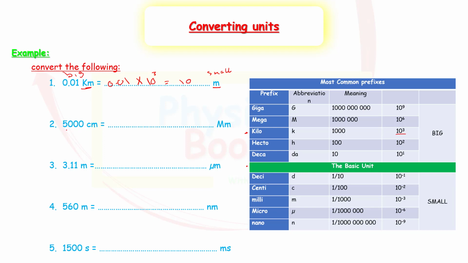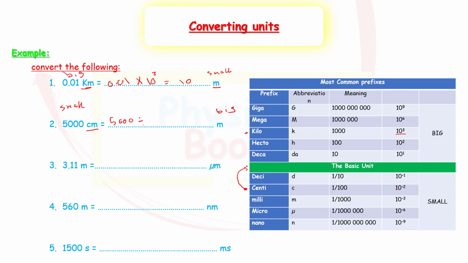Now, the second part says 5,000 centimeters into meters. So I'm standing right here, centimeters, and I want to go to the basic unit, which is meters. So I'm going from small to big. So I'm going to write here small to big. Now, what I'm going to do is like this. It's going to be 5,000. And since I'm going from small to big, I will divide by what number?